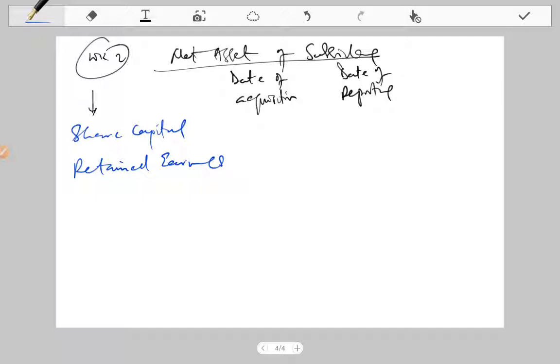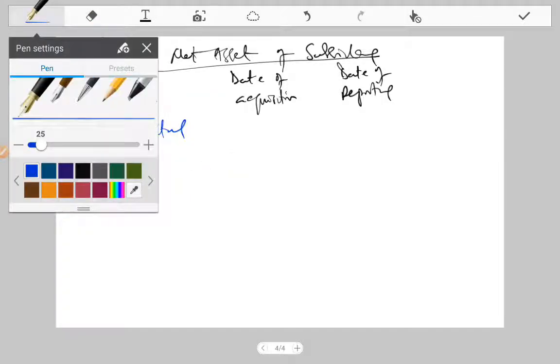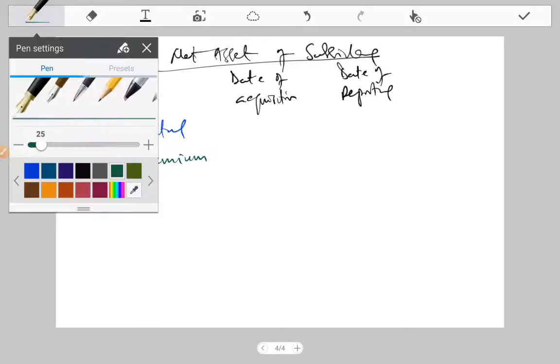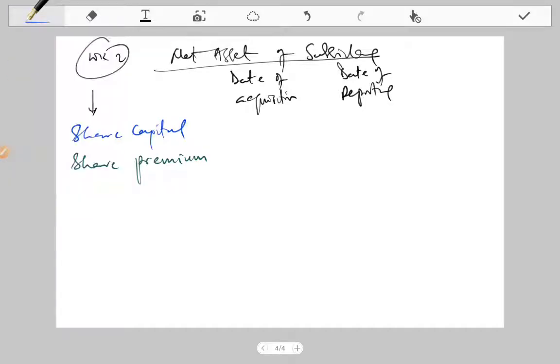However, you could have another situation where the reserve is not just the retained earnings. There's also another unique feature of reserve, which we refer to as the share premium. After that, we'll go back to the general one, what we call retained earnings.